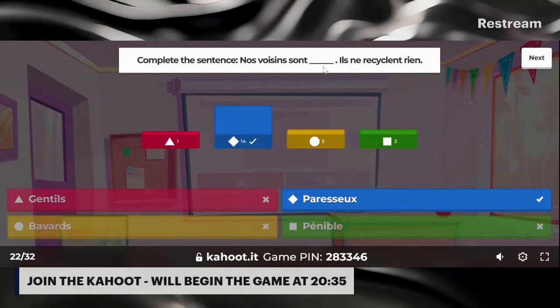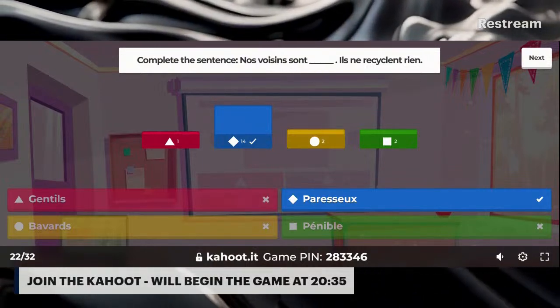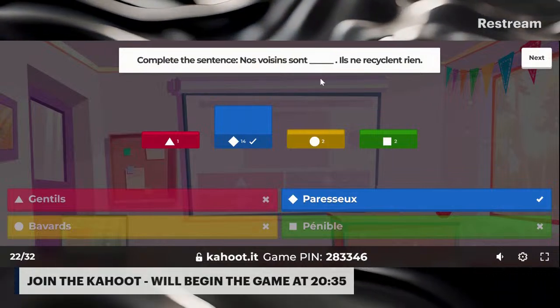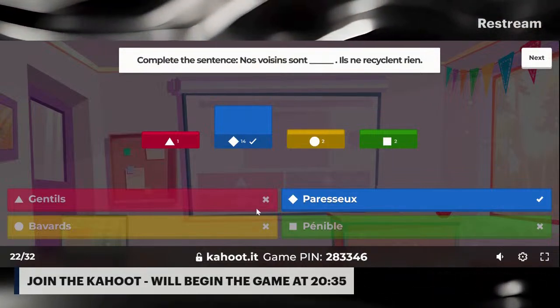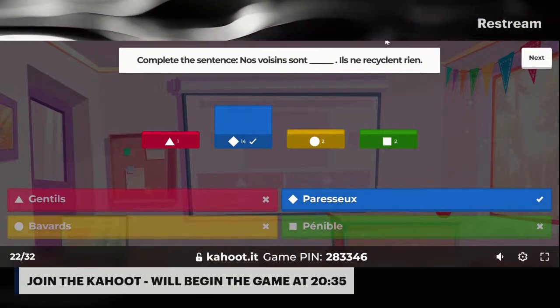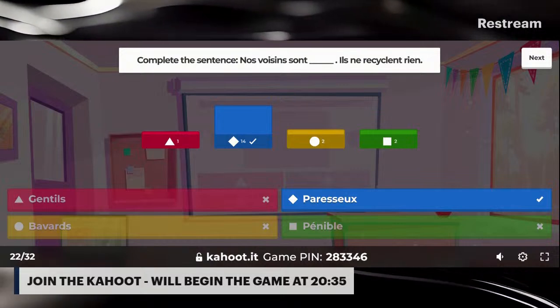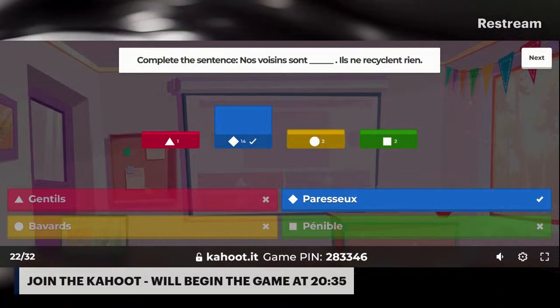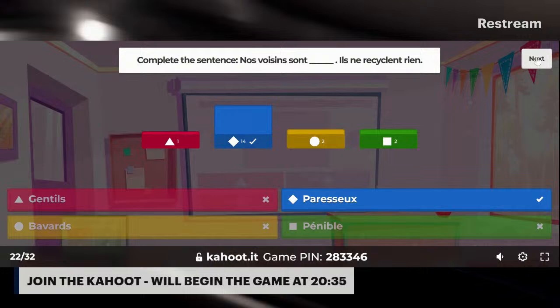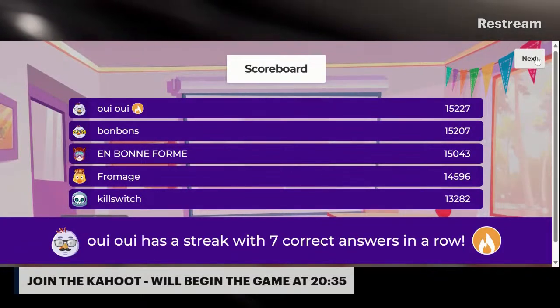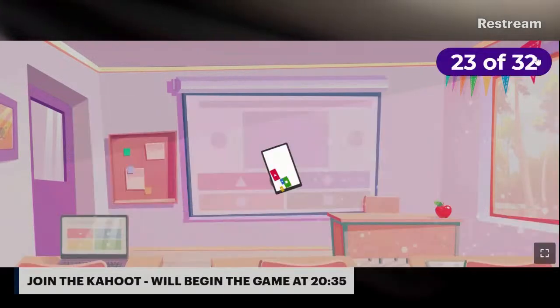So our neighbors are paresseux, lazy, because they don't recycle. So that's the correct answer. Gentil is kind, bavard is talkative, and pénible means hard. Okay, we're almost done.